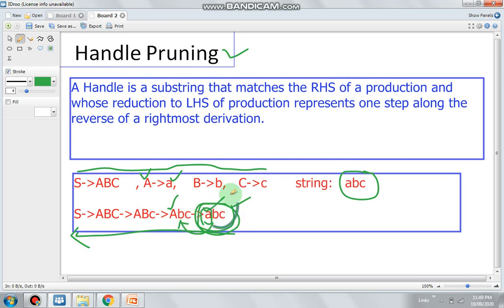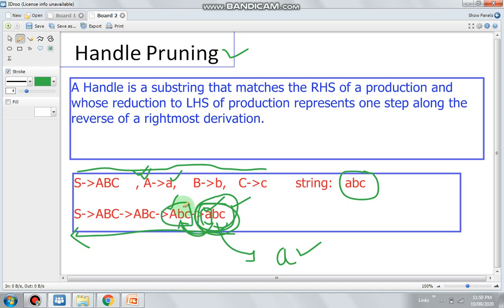In this string ABC, what is handle here? A is handle, because this handle can be reduced by the left hand side of the matching production rule, so that you can go one step back in rightmost derivation in reverse order. Again, what is handle here?